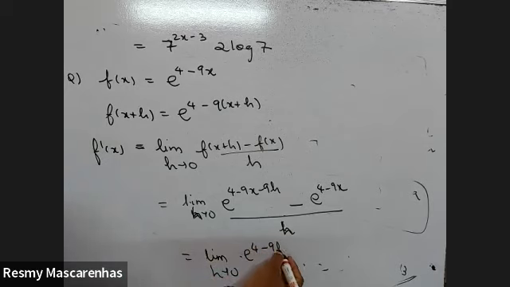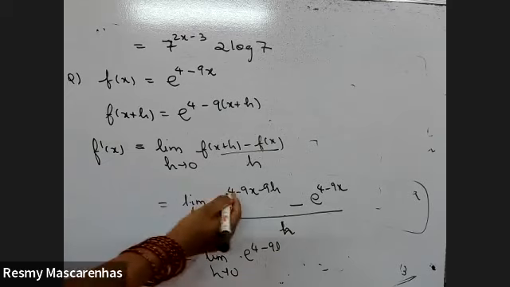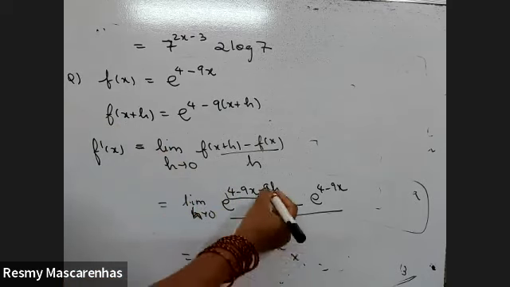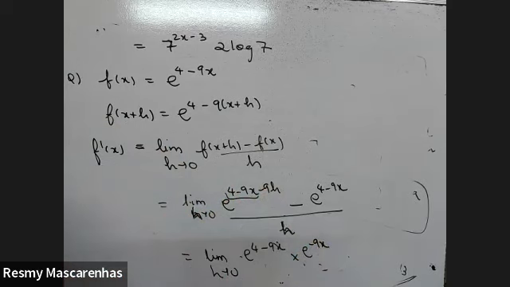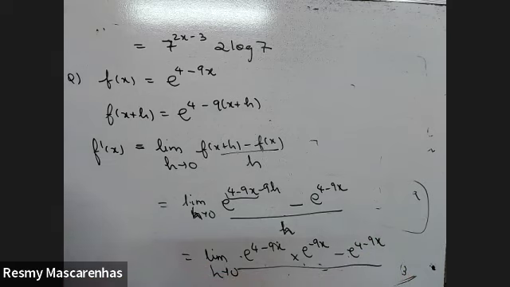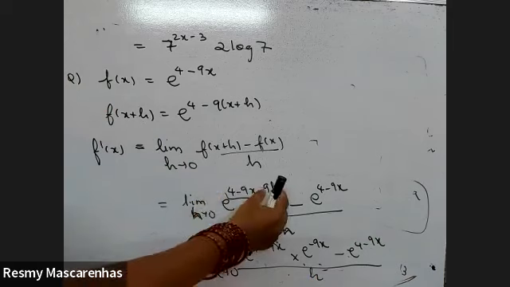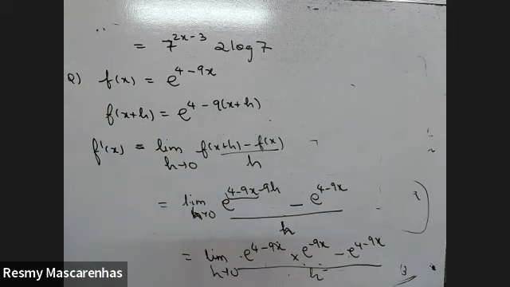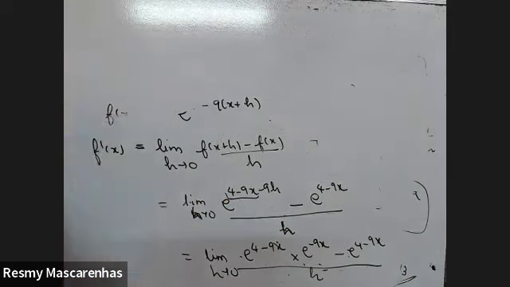Minus 9h is in the correct form, no? Yeah, it's already in the correct form. So these two I'll keep together, and this fellow I'll take separately. The power I've split, this one side, this one side. Why? I'm arranging it same like this so that I can take this one out as common. So this is one term, and this is the second term.